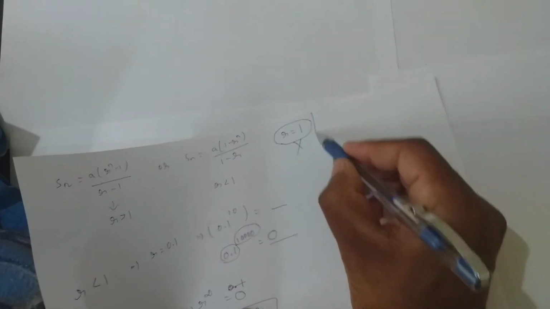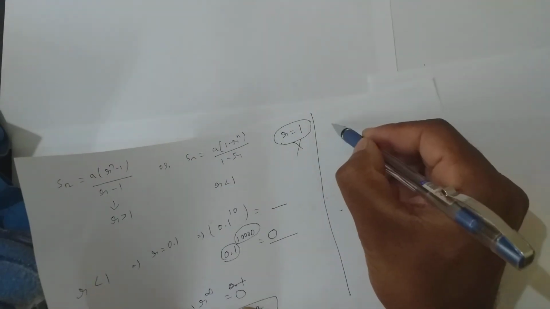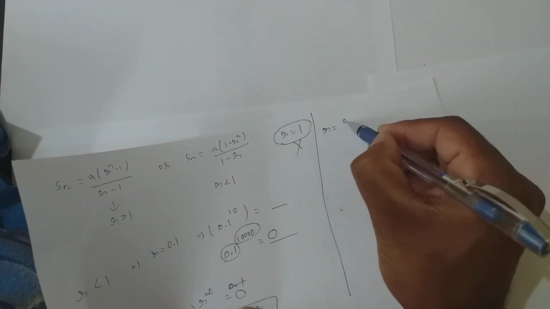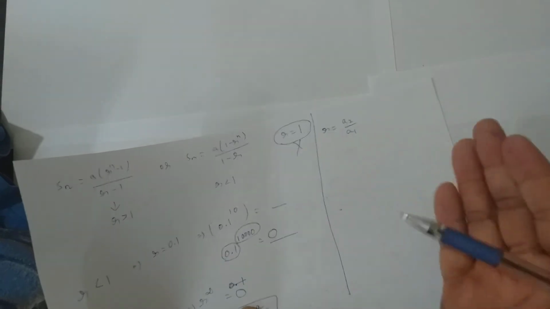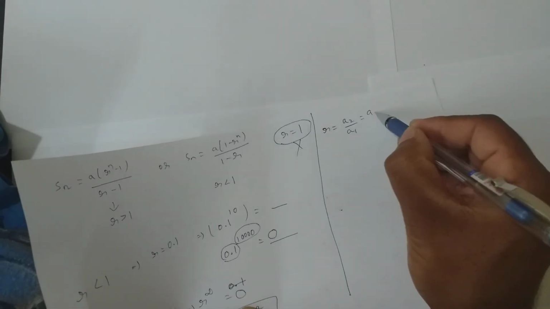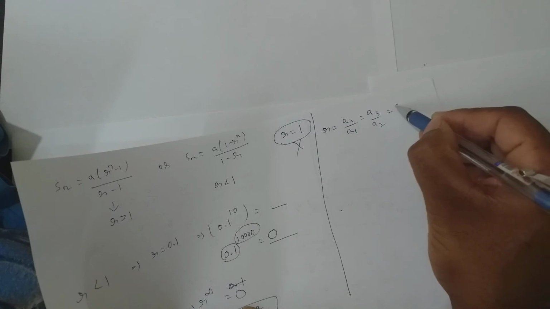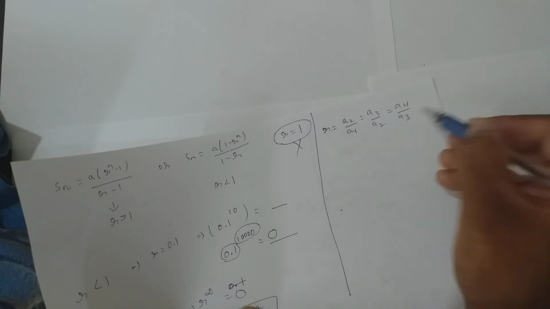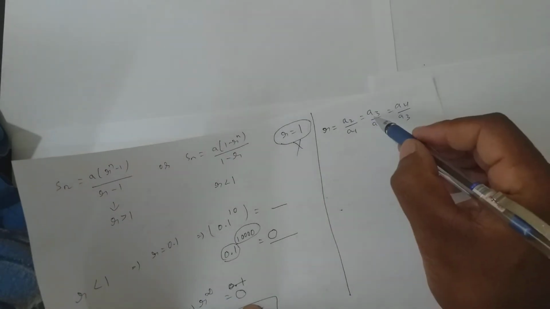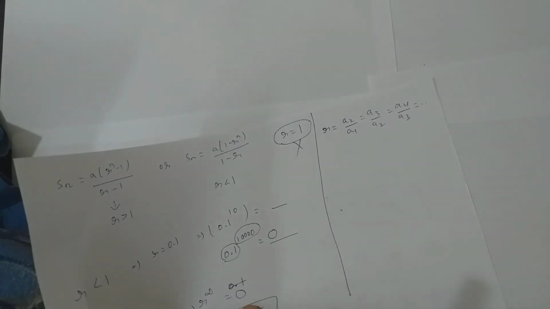In geometric progression you have learned 3 formulas so far. What are they? First, you learned r, which you get by dividing A2 by A1, its previous term, or else A3 by A2, or else A4 by A3. If this ratio is the same, then only is it said to be in GP or geometric progression.